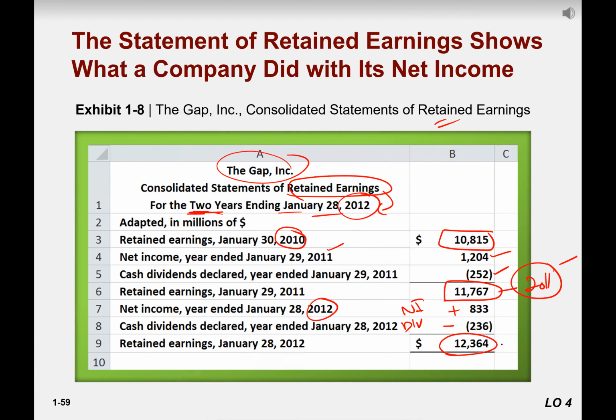So this 12,364 would be the retained earnings till 2012. This much amount the business didn't distribute to its owners, the shareholders. So this amount belongs to shareholders, and we call this a part of owner's equity.